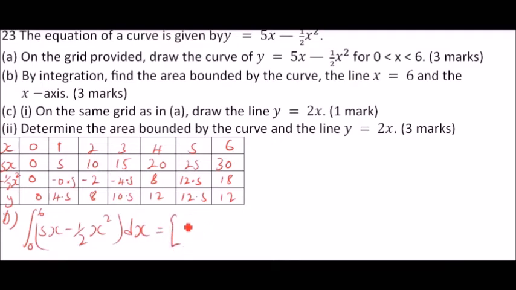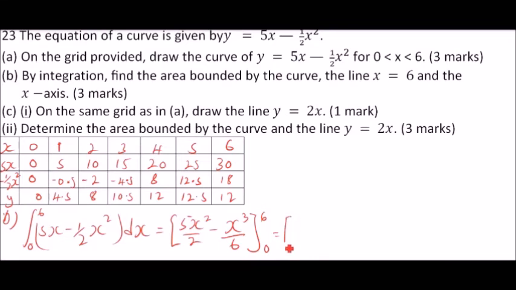this will be 5x squared divided by 2 minus x to the power 3 divided by 2 times 3, and the limits are from 0 to 6. When you integrate that, then you substitute.